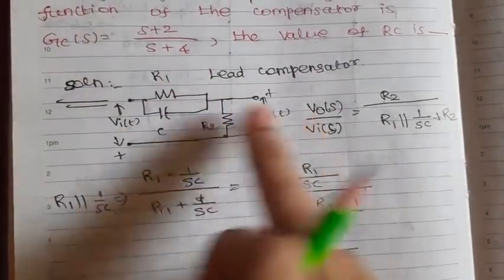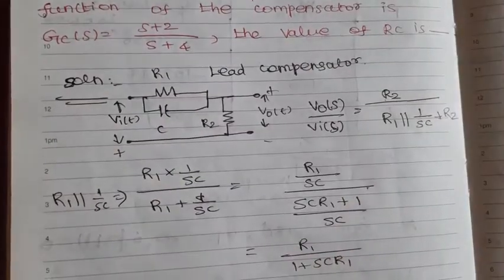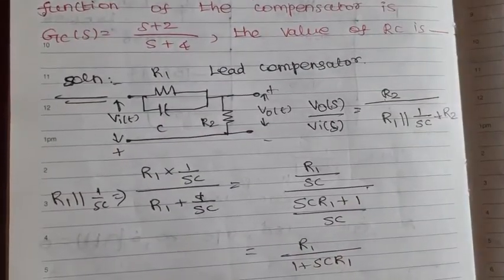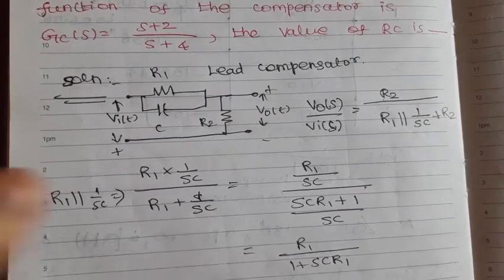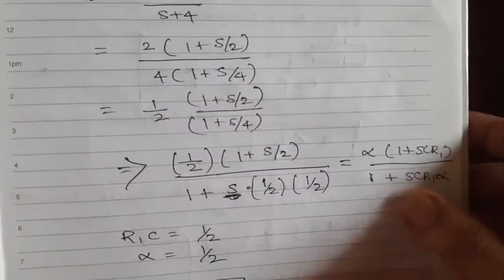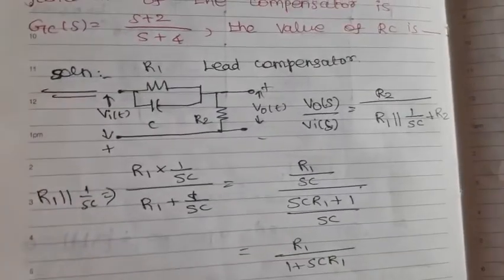So V naught of S divided by V1 of S. Quickly see how it comes. From the exam point of view, there is no need to remember the transfer function alpha into 1 plus SCR1 divided by 1 plus SCR1 alpha; we will see quickly how it comes.